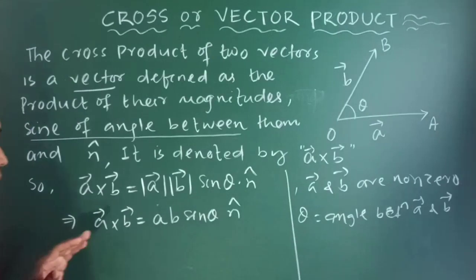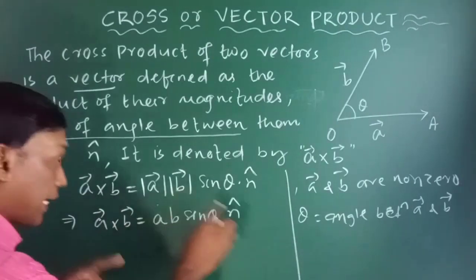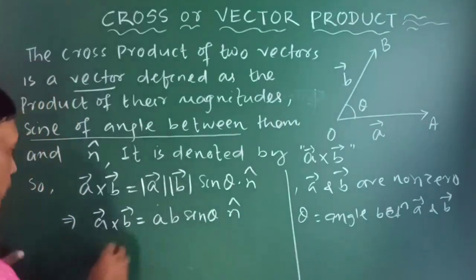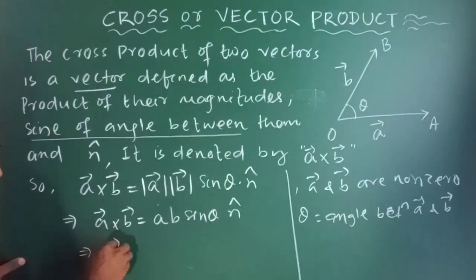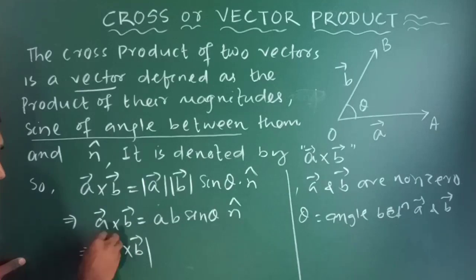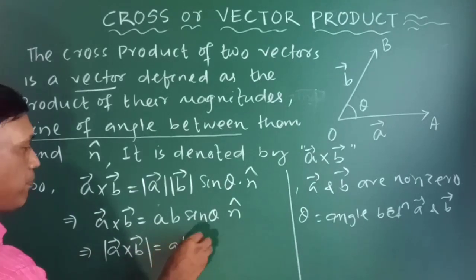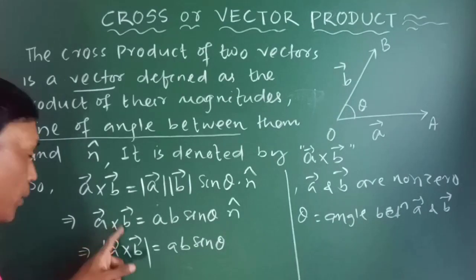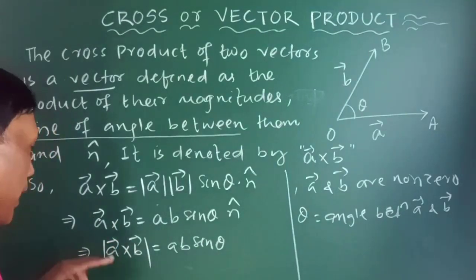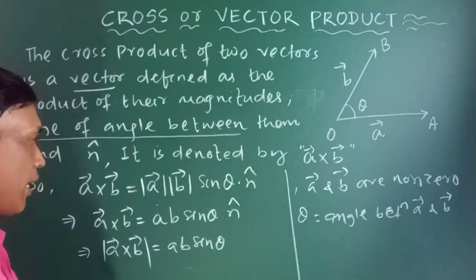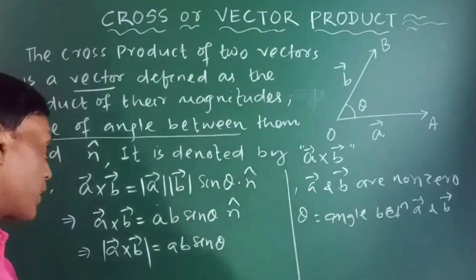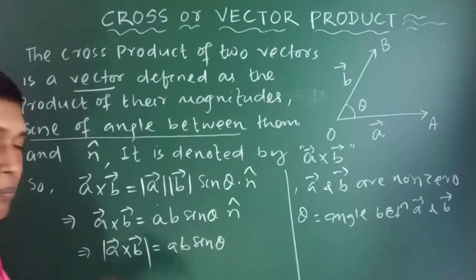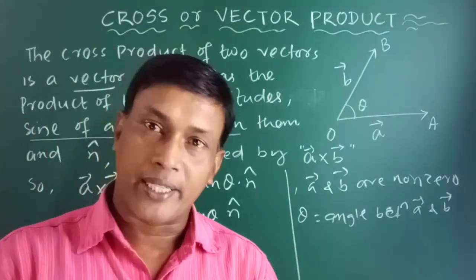Here look at the quantity on the RHS. This is a vector quantity whose magnitude of A cross B is AB sine theta. So A cross B is such a quantity whose magnitude is AB sine theta, and n cap is the direction of this vector. So A cross B is a vector quantity.